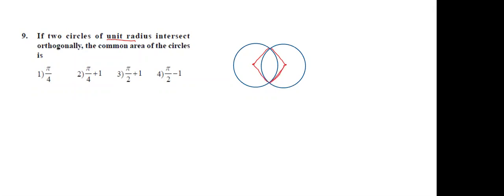Now this is A, this is B, for suppose. This is the center of the first circle, this is the center of the second circle. Here the radius is 1, here also 1, here also 1. That means ABCD forms a what? Square. But the required area is this. This is the required area.